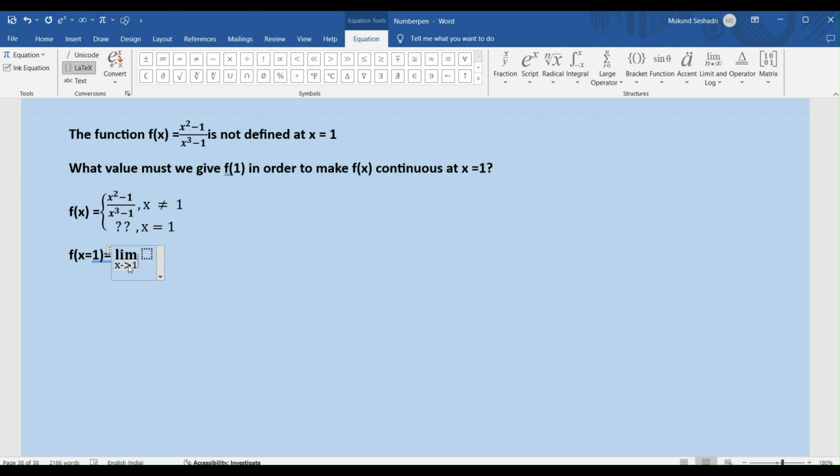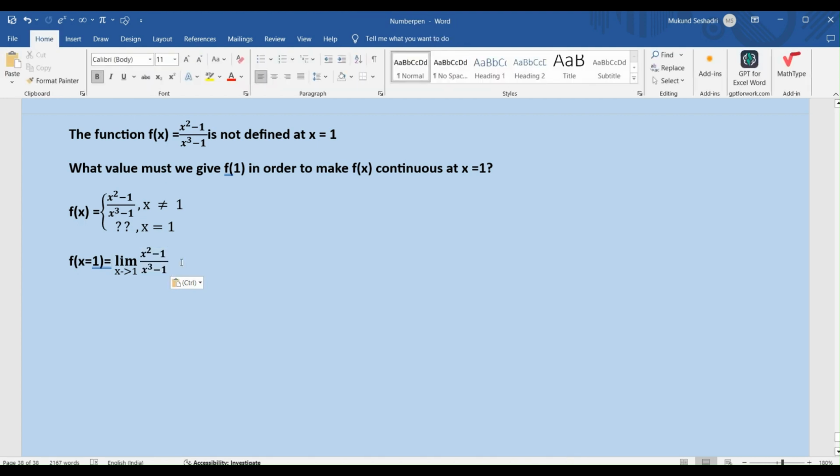So the limits LHL and RHL will be equal in this case, so we can straight away go ahead and calculate the limit for x tending to 1. So that has to be equal to f at x equal to 1, right?